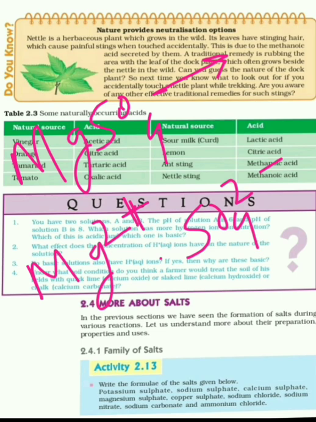So this is the definition of salt: salts are ionic compounds which contain one cation other than hydrogen ion, and one anion other than OH minus ion. It is called a salt.